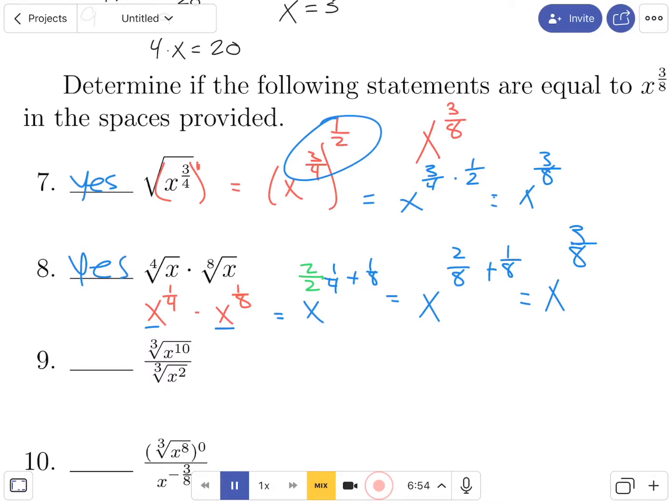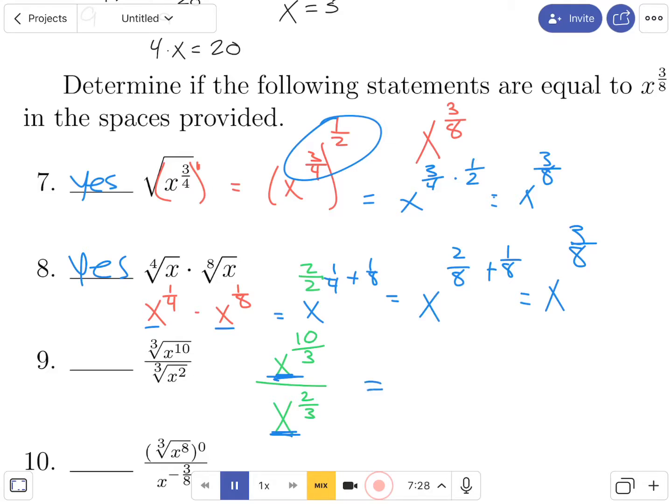Okay, similarly for number 9, we can write this as a ratio, a fraction, of two of our x values, both raised to a fractional exponent. So this is to the 10/3 power, and this is to the 2/3 power. So, opposite of multiplication, this is the quotient property, meaning that if we have division of items with the same base, then we can subtract the exponents.